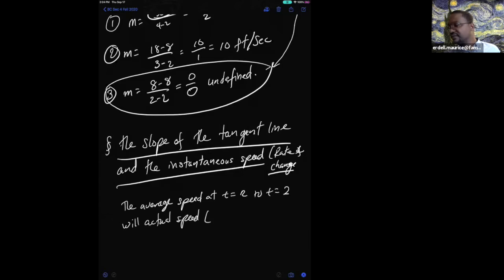We call that the instantaneous speed because it's the speed at that instant. Can you see that?